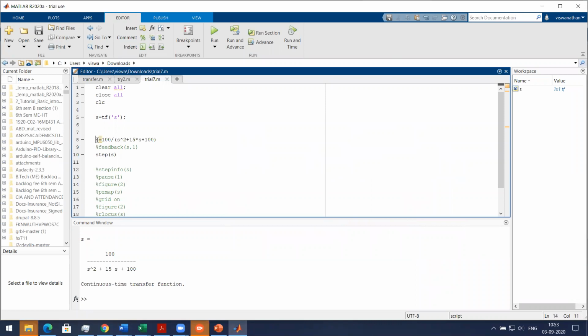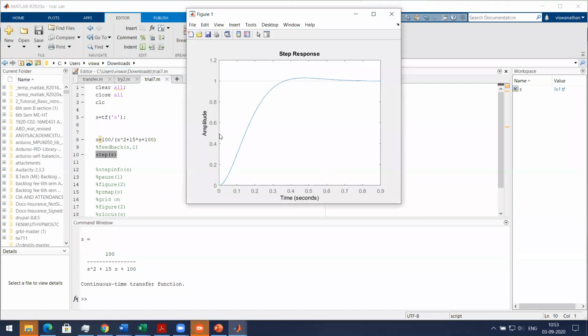So you have the transfer function s is equal to 100 divided by s square plus 15s plus 100. What does this step give us if you run this program? It gives the step response.